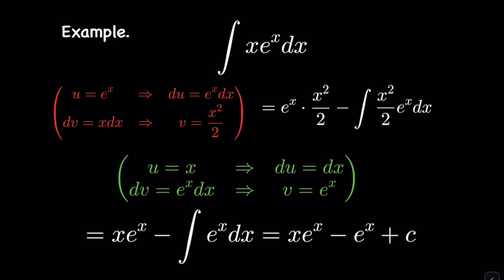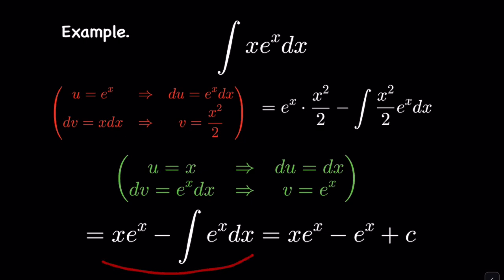Now, the integration by parts formula tells me that this integral is going to be equal to uv, so this times that, which is x times e to the x, minus the integral of v du. v is e to the x, du is dx. So it's going to be minus the integral of e to the x times dx.